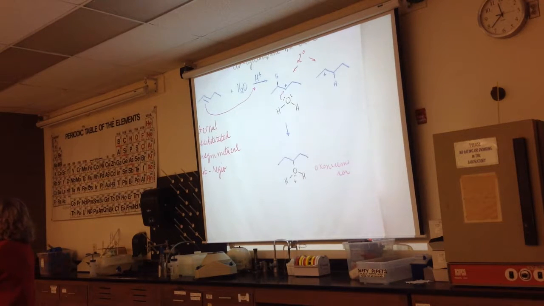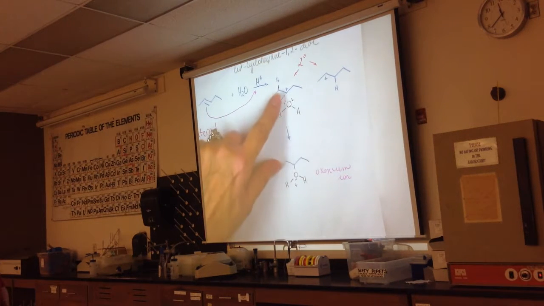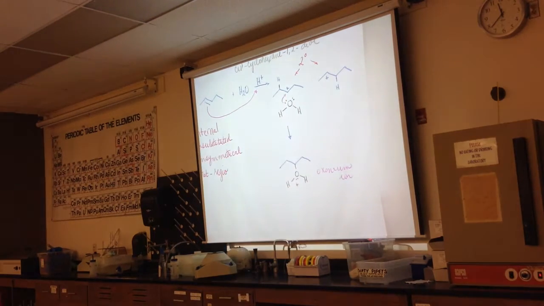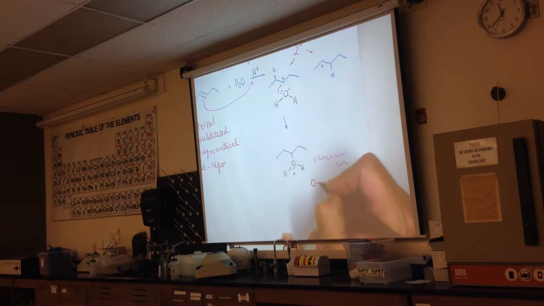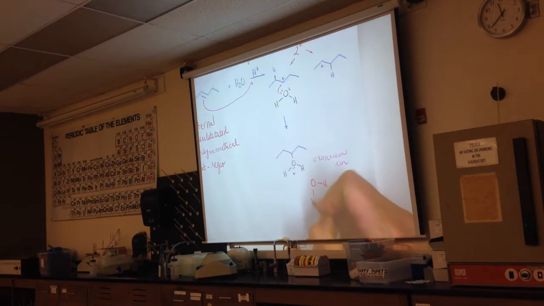You ended up breaking the carbon-halogen bond, forming the carbocation. After the carbocation was formed, then the solvent behaved, number one, as the nucleophile, going after the carbocation. And in the second step, the solvent now behaved as the base, going after the hydrogen.